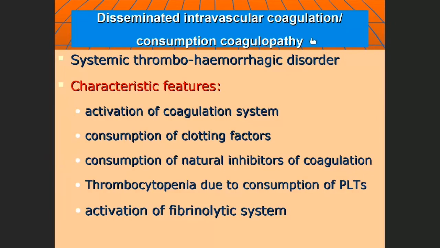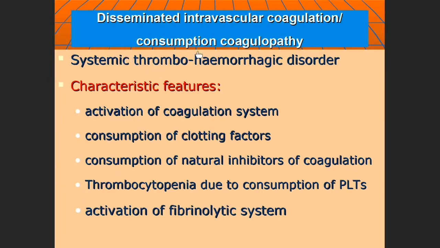Disseminated means widespread formation of thrombi inside the circulation, intravascular. This is a systemic thrombohemorrhagic disorder. The whole body is involved. It starts by thrombosis and ends by bleeding.